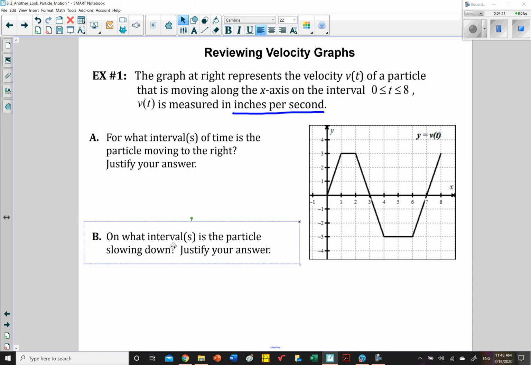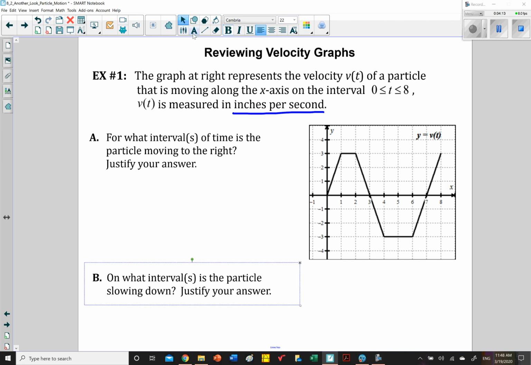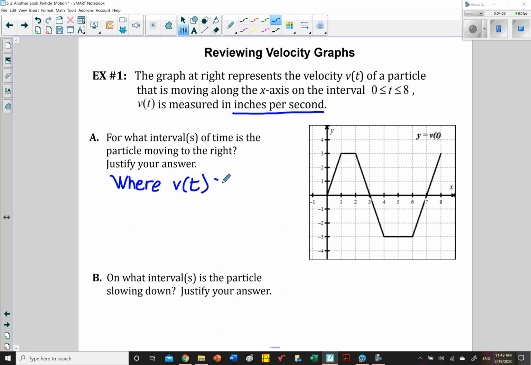So many times on the AP exam, we have to justify what we know using the proper language. In this case, I'm going to start off by saying where velocity is positive, the particle would be moving to the right. Where velocity is positive, particle moves right.